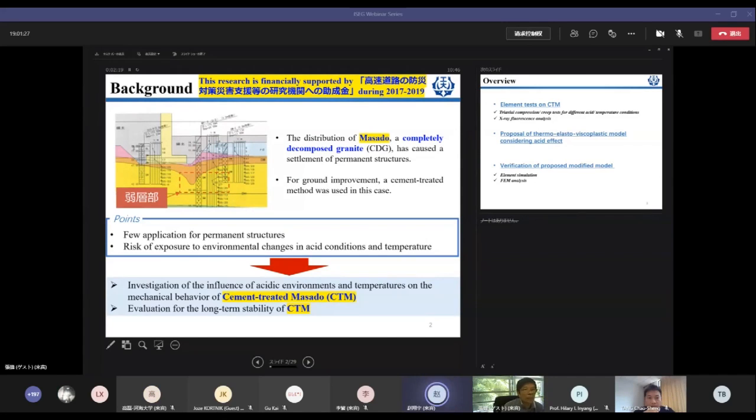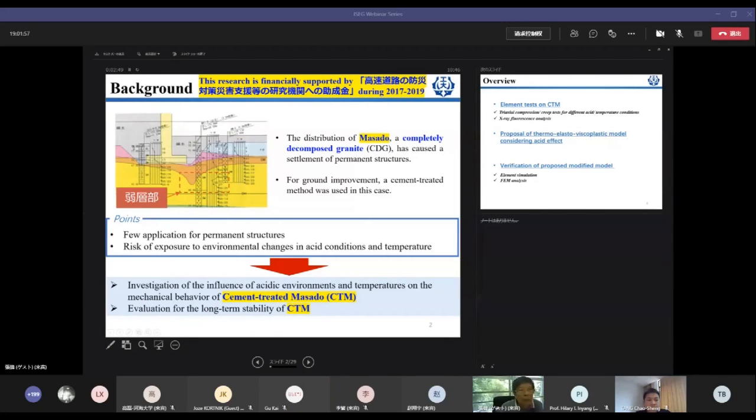The problem is that during the construction, we faced very serious problems of settlement of elevated bridges along 5 kilometers, which had never been seen in the history of Japan highway construction.